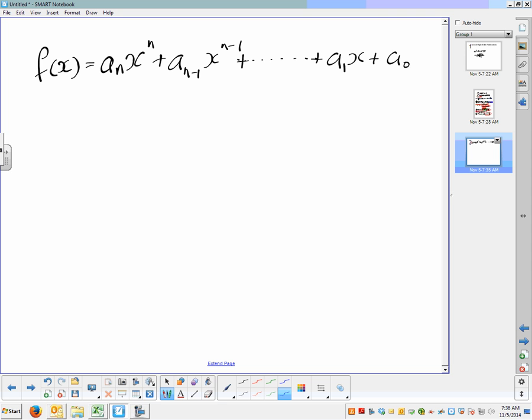If I add up all the roots x1 to xn, it's equal to the second coefficient divided by the first. Like I said, I'm not proving these. Proofs in the textbook if you want to review it.